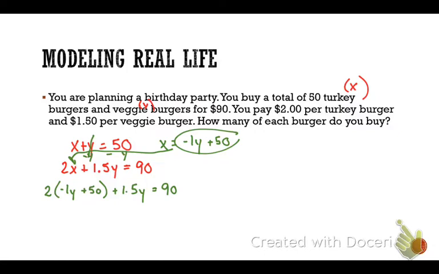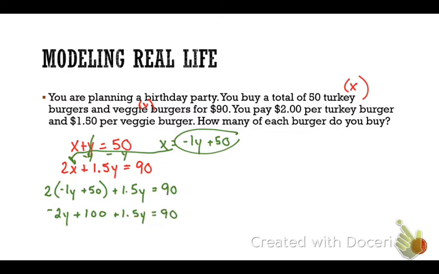All right, you guys need to catch up a little bit. Okay, what's 2 times negative 1Y? Negative 2Y. What's 2 times 50? 100. All right, plus 1.5Y equals 90.